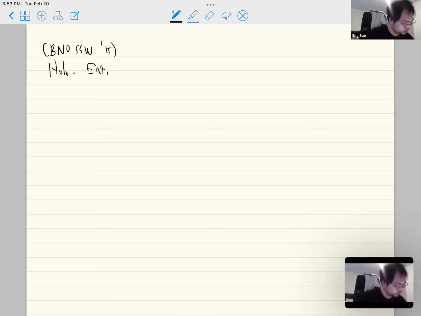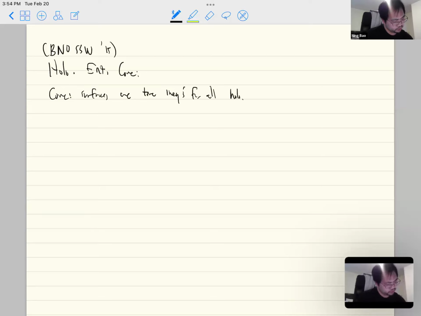from 8 years ago now. And so this object is a cone whose surfaces are true inequalities for all holographic states.